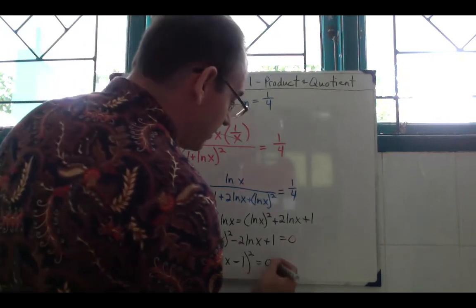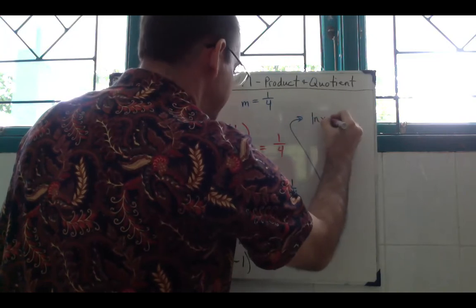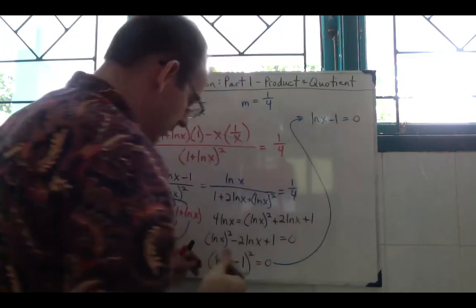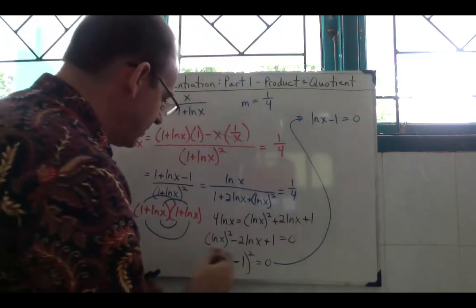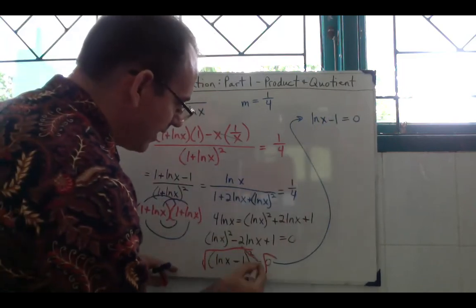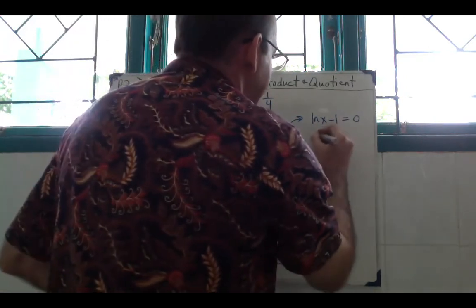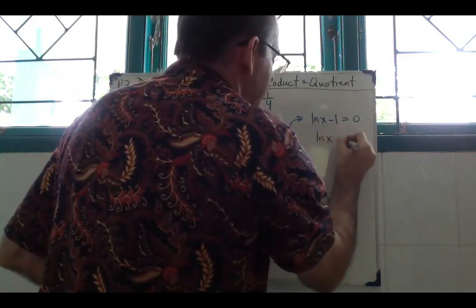Let's bring this up to here. And we now get ln x minus 1 equals 0. When you square root both sides, still 0. Cancels your square. Bring the 1 over. So we get ln x equals 1.